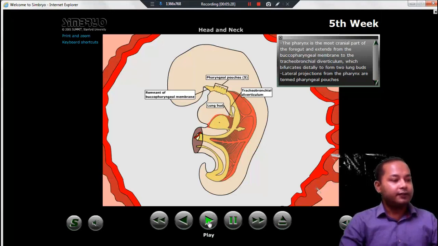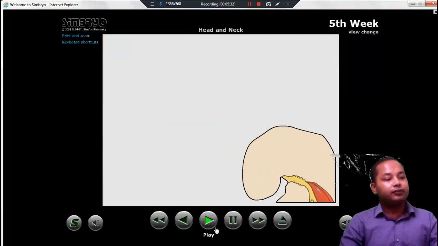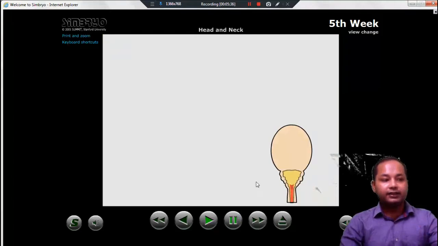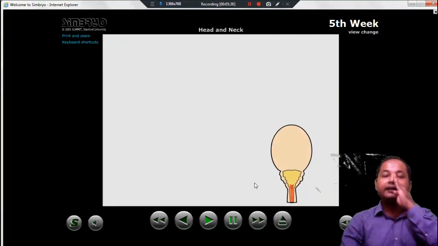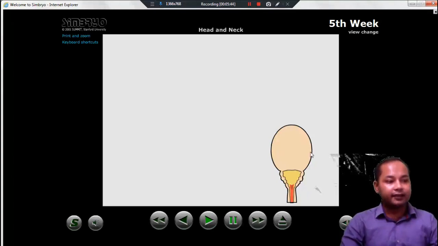So let us advance forward. Now the fetus has been turned to the front, while we were looking into the lateral view before. It is looking straight in front of you, straight at your face. Then what you see is the head region, and these are the parts which are in the lower part of the head region.